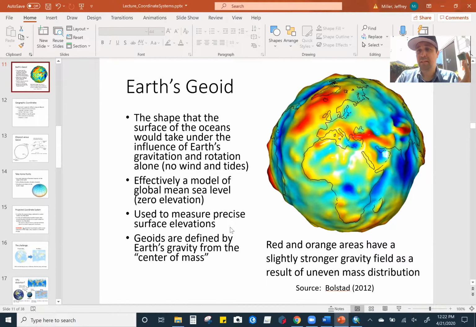It might actually be -2 or +2 or +5. I don't actually know the concrete answer for you. What I'm trying to say ultimately is all of that comes down to this variation in gravitational force and the way that is modeled in something called the Earth's geoid. Okay, the Earth's geoid.